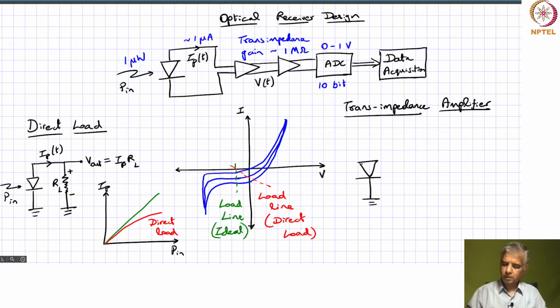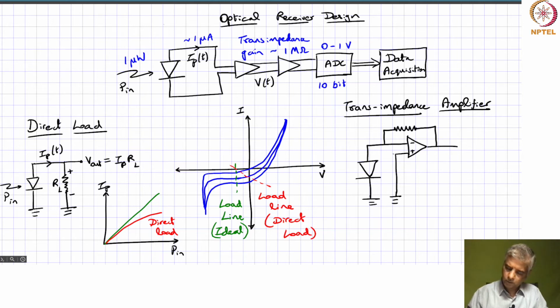Maybe it's grounded or maybe it's biased, but then there is a photocurrent that's generated. Now this is connected to an op amp, with the other input of the op amp maybe at ground. You connect to the negative input because this corresponds to a feedback circuit.